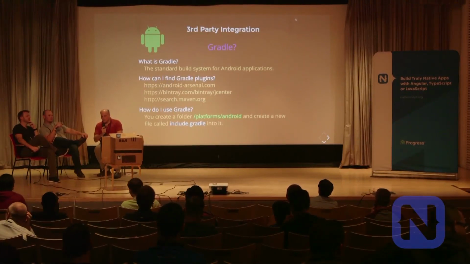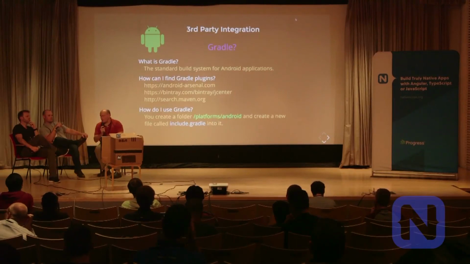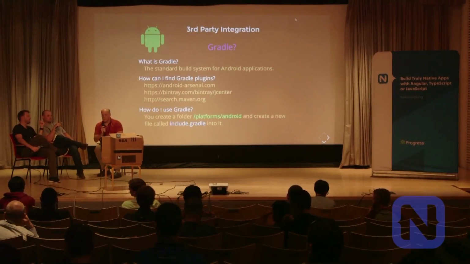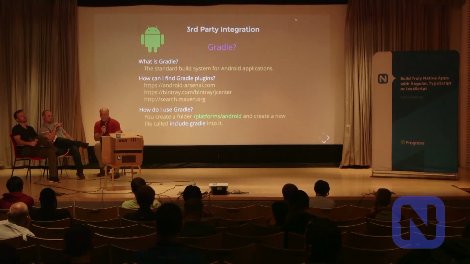There's Android Arsenal, there's BinTray, JCenter, and there's Maven.org. All 3 of these are big places that you can find plugins for Android applications, native Android applications. And so in this case, you want to put it in the platform's Android folder and call include Gradle.